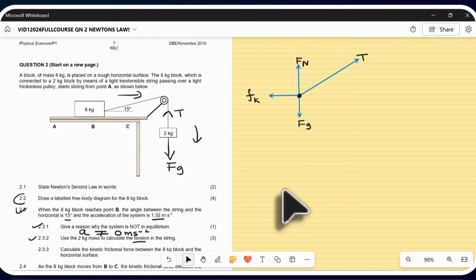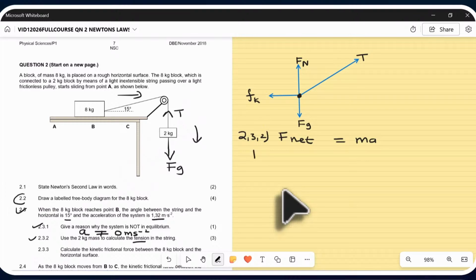2.3.2, I'm going to use Newton's second law of motion, where F net equals ma. Since I know the acceleration, then I can find my tension, right, guys? So the force of gravity minus the tension I'm looking for equals ma.